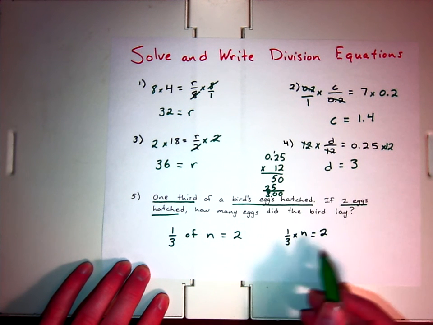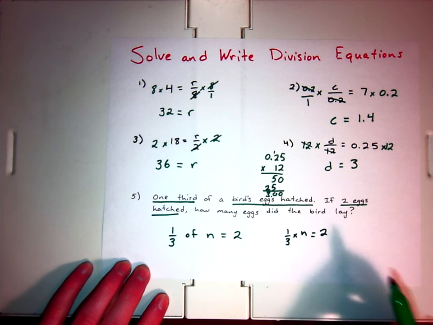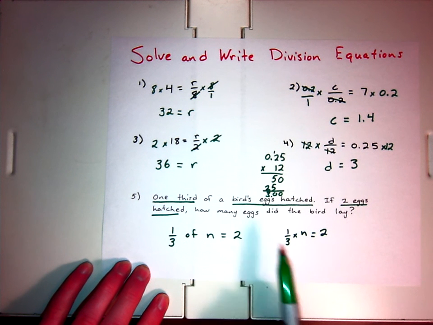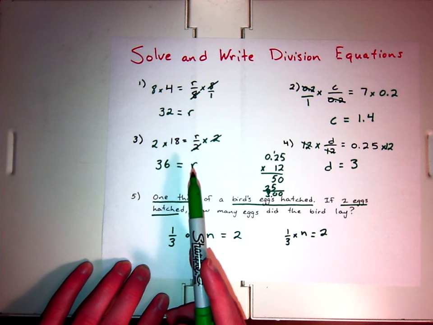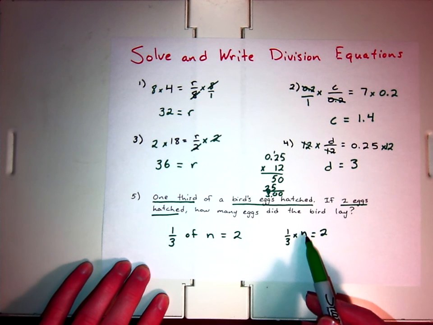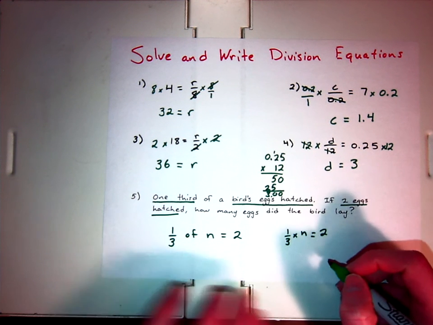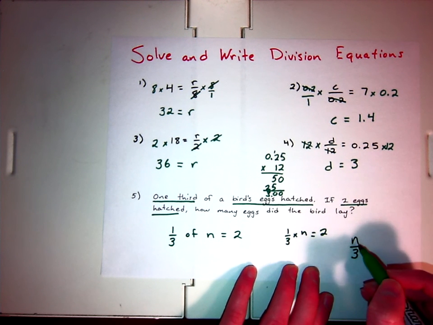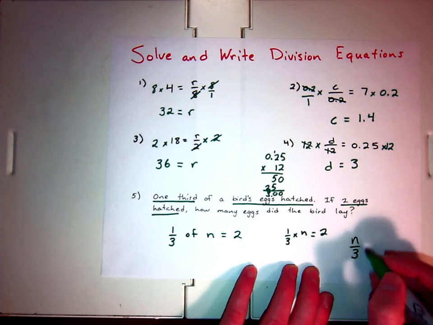That still doesn't quite look like what we're used to seeing. You could solve it like this, or you could say, I want to turn it into a problem like we're working on. Well, 1 times any number is that number. So we could say n over 3, because 1 times n is n, 1 over 3 equals 2.